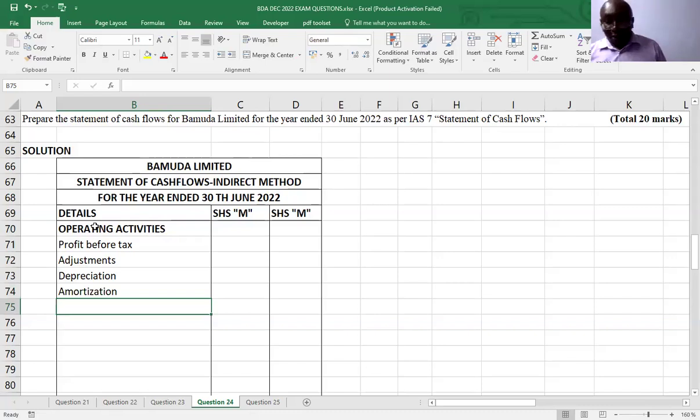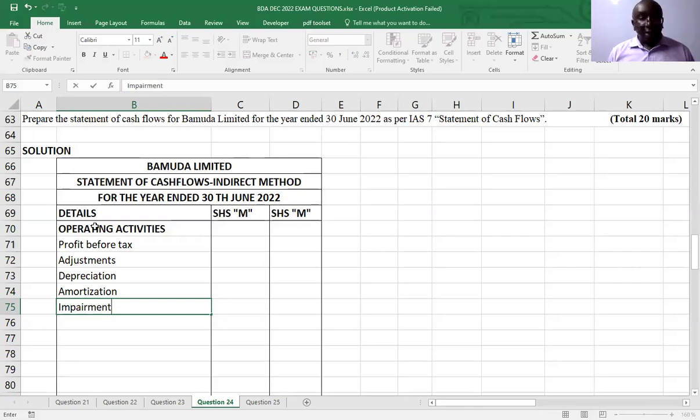Then that one is about the intellectual properties. It is quickly followed by impairment. Then after impairment, we bring loss on disposal.